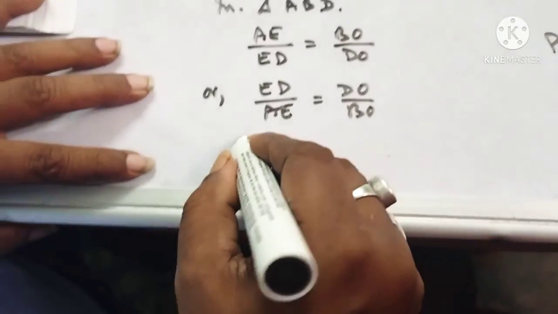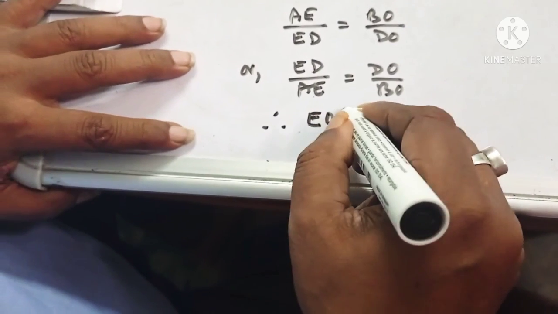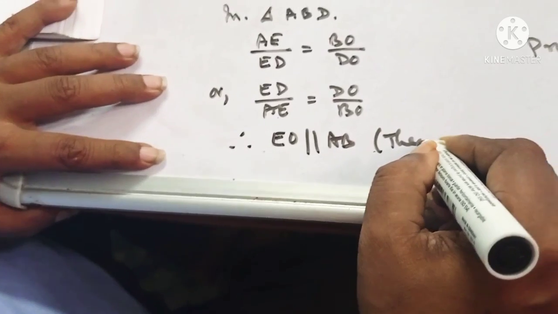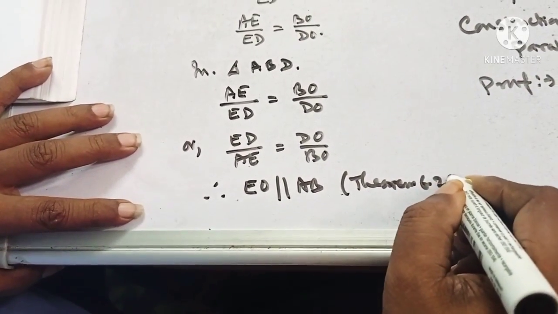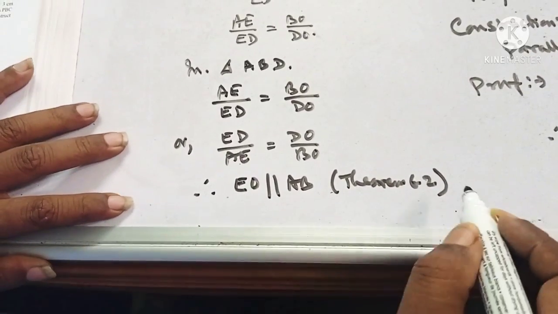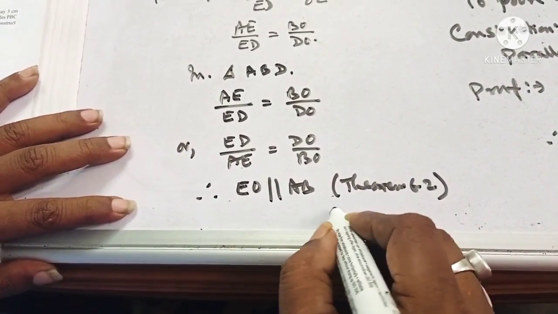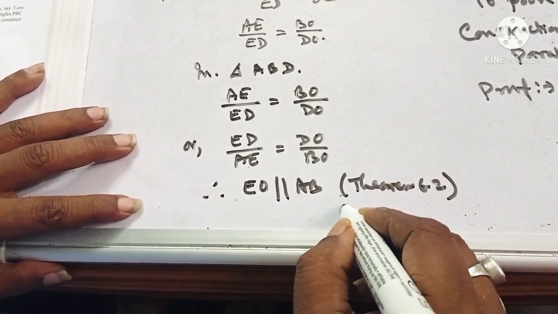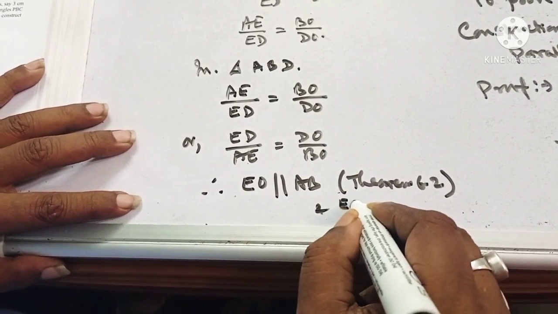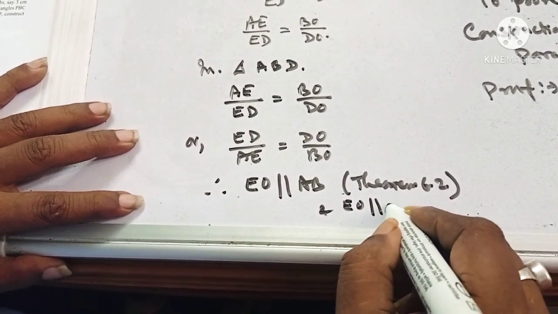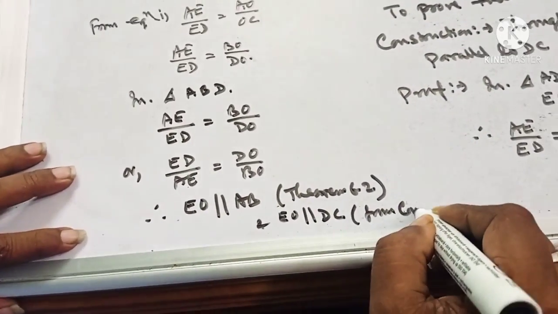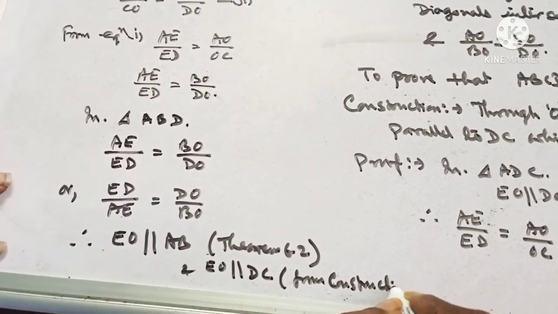Therefore EO is parallel to AB from theorem 6.2. Now EO is also parallel to DC, which I got from construction.